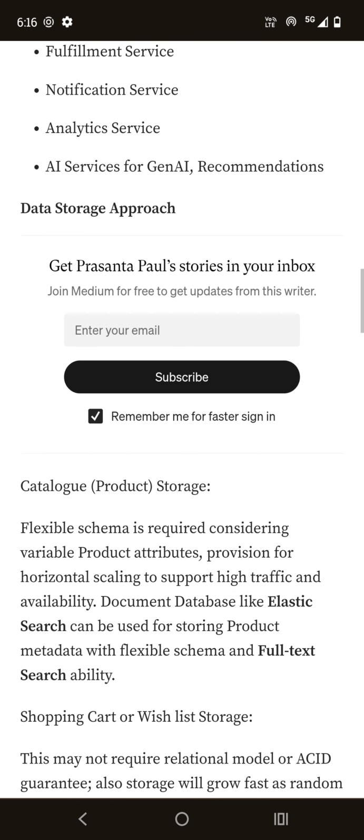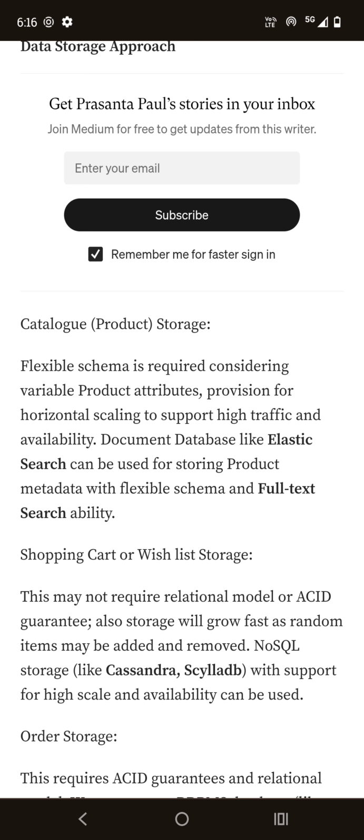Now let's see the product catalog. The product catalog requires a flexible schema considering variable product attributes. You need to store the product details for the product catalog, so you can use a relational database or non-relational databases.